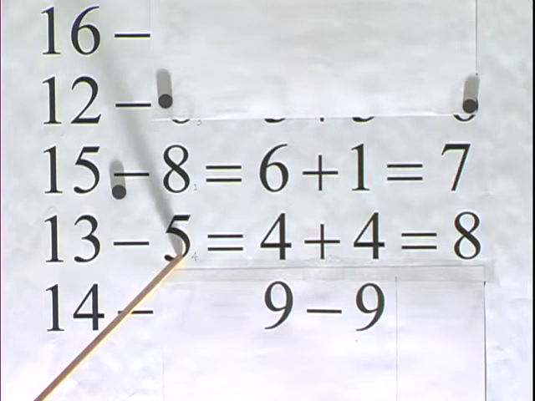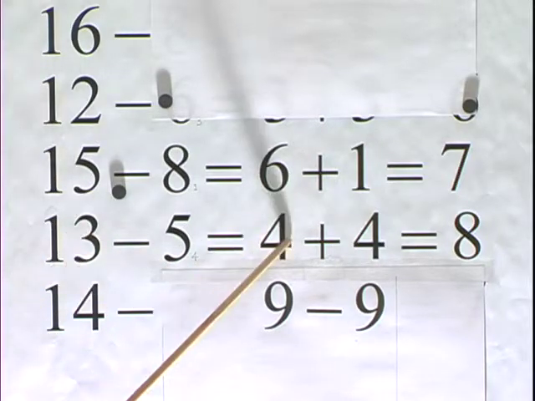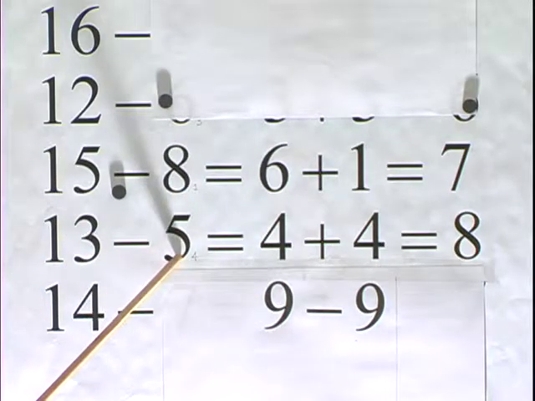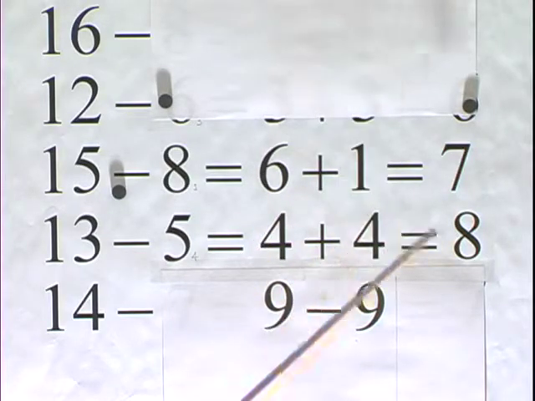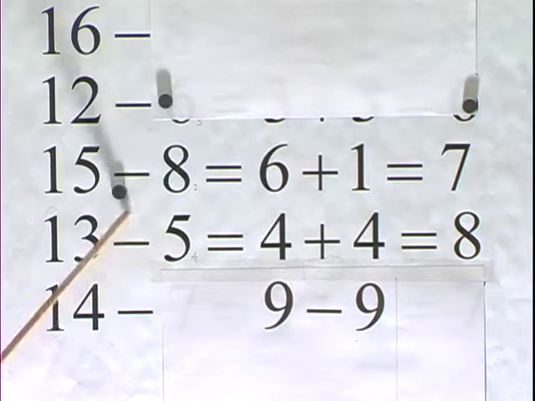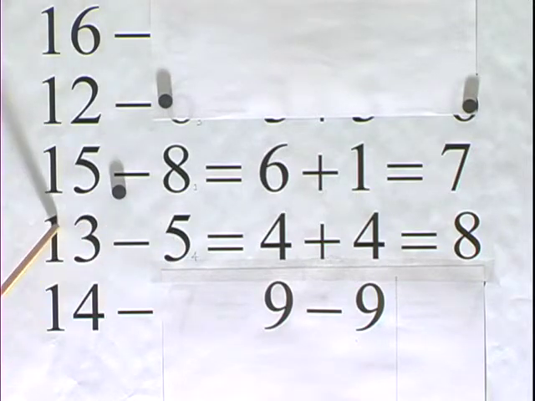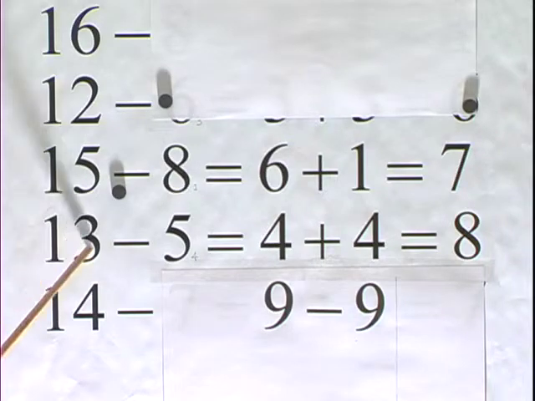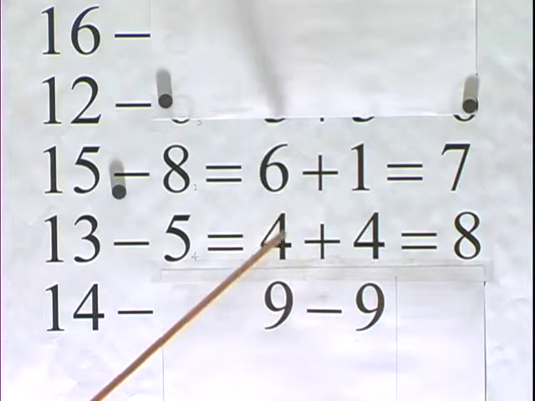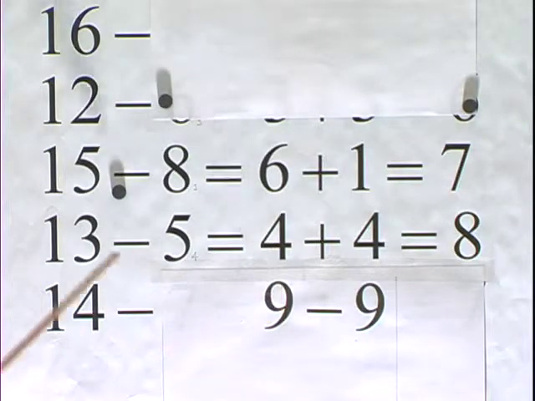13 minus 5. 1 and 3 is 4. 9's complement of 5 is 4. When I add these two, I get an 8. That is the correct difference. When I take the sum of the digits in the minuend, 1 and 3, and get this 4, if I add a 9 to it, I will have 13.